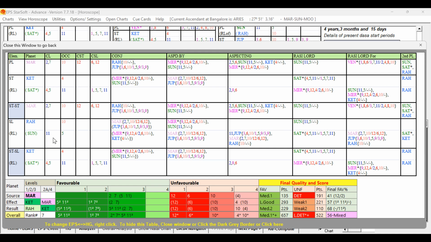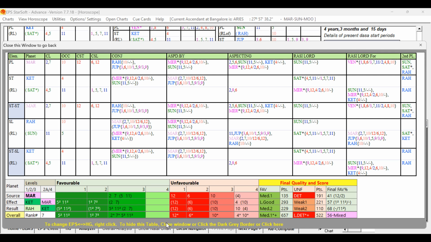So the Sun's influence will be more on Rahu. So Rahu will act as the Sun also. The Sun's Rasi lord is Saturn, so indirectly Rahu will get the impact of Saturn also. So that way Rahu represents the Sun, that we can take, right? And Rahu is in the star of Ketu, and Ketu represents Saturn, which we already discussed.